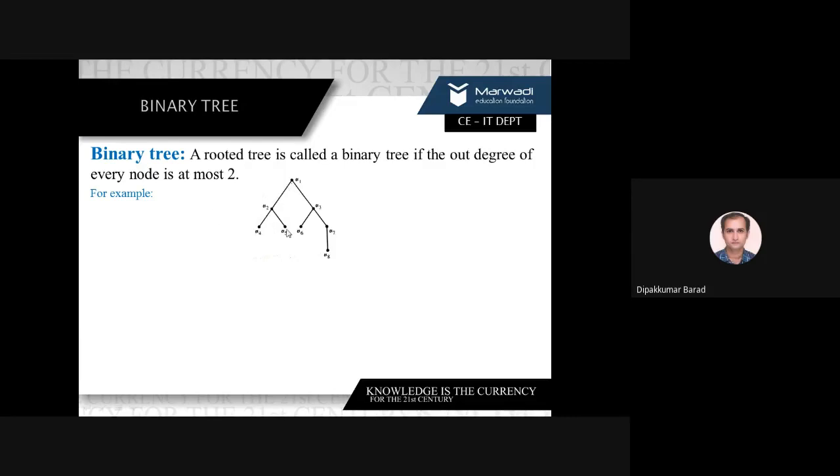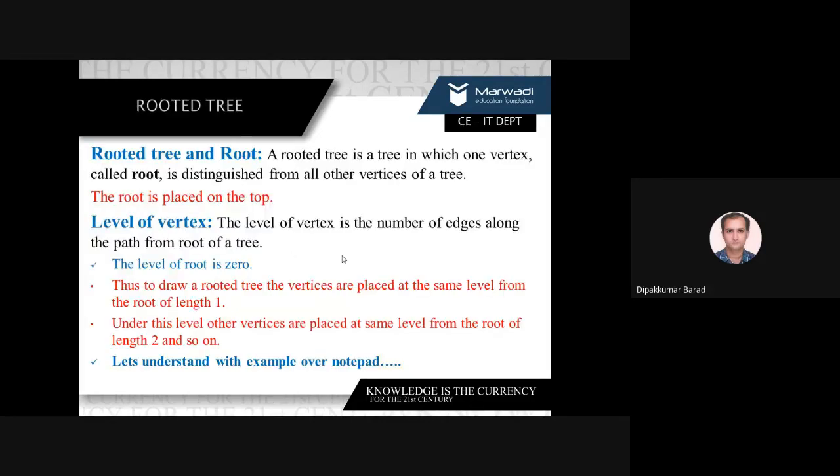Now v4, v5, v6 and v7 are at level 2, as they have two edges. So v1 is at level 0, v2 and v3 at level 1, v4, v5, v6, v7 at level 2, and v8 at level 3. These things we have already discussed: level of vertex and root.